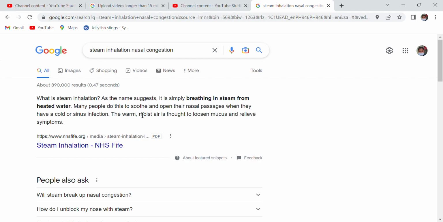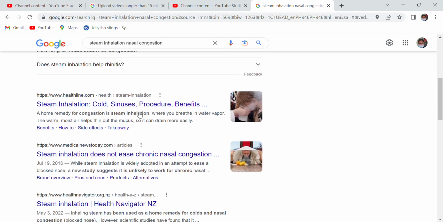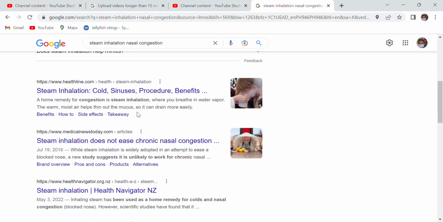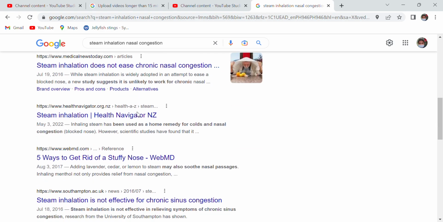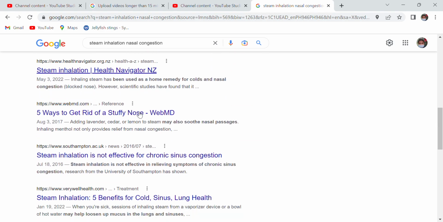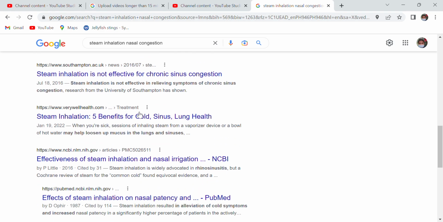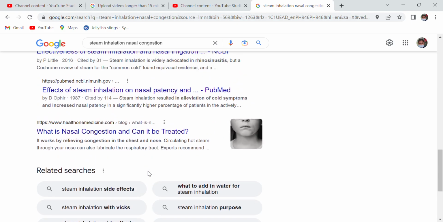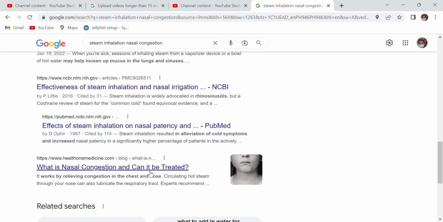Usually they mix it with salt, sodium chloride, and the vaporized sodium chloride should relieve you from nasal congestion because of the soothing effect of the steam with the chloride ions.